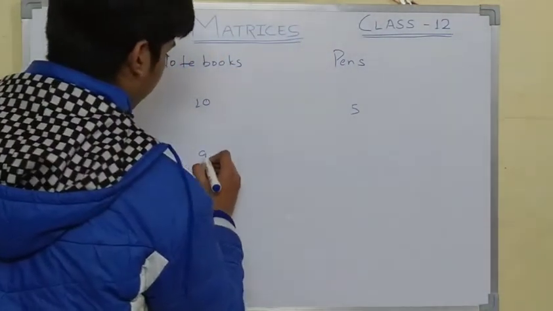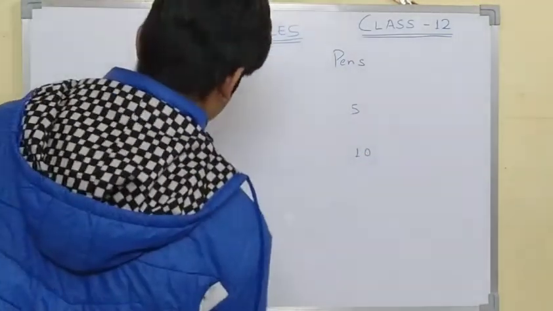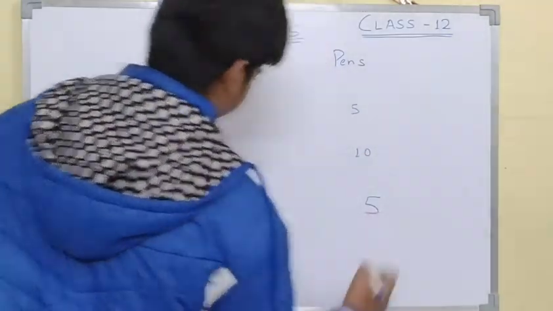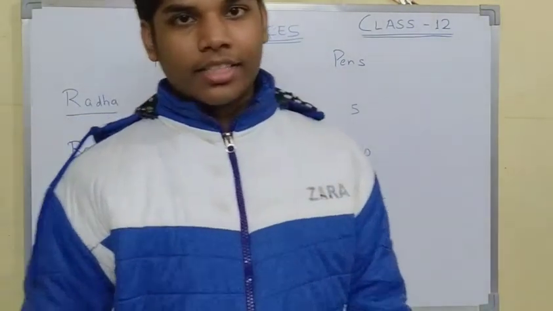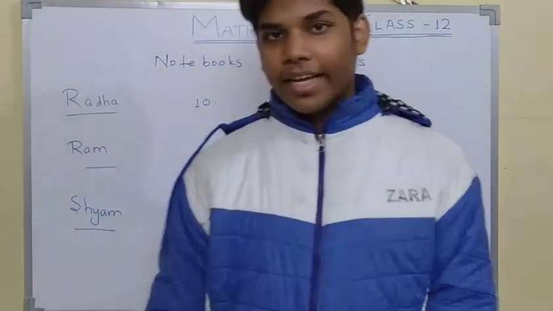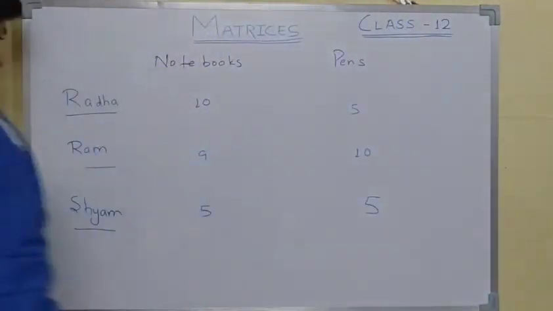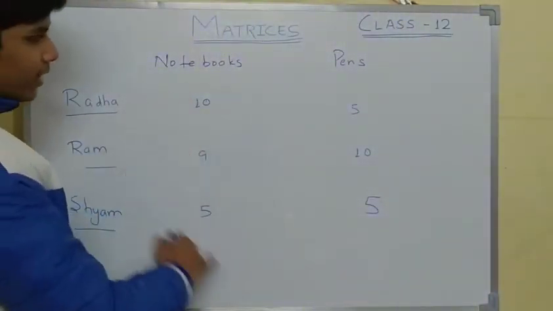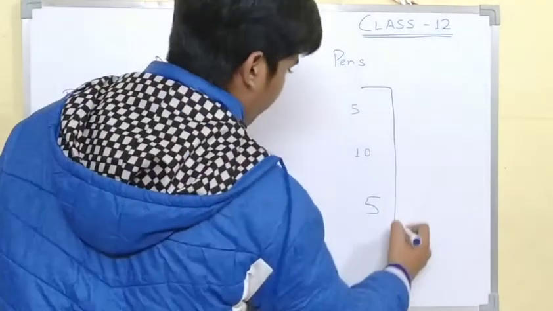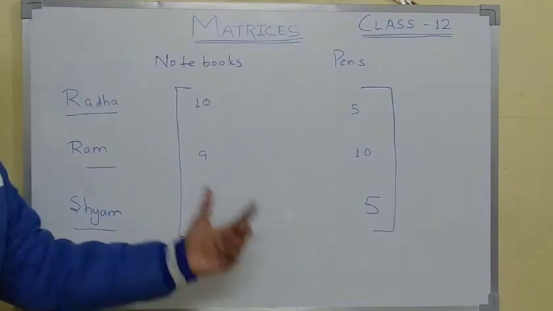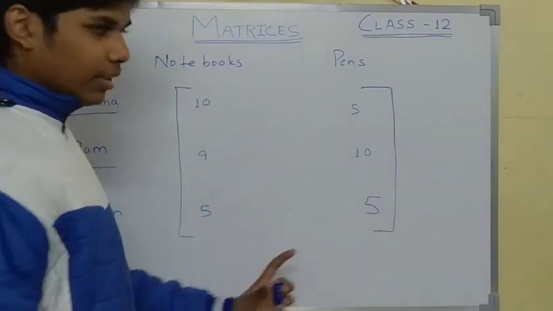Ram has 9 notebooks and 10 pens, and Shyam has an equal number of notebooks and pens, 5. Now if we have to represent this information in the form of a matrix, we will simply write it like this and put square brackets around it, and this is the matrix form of this information.